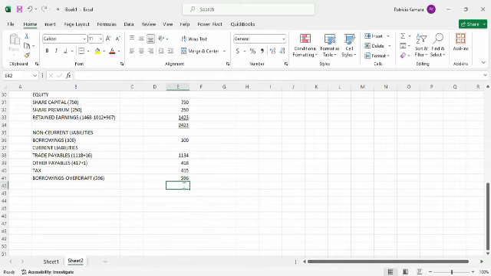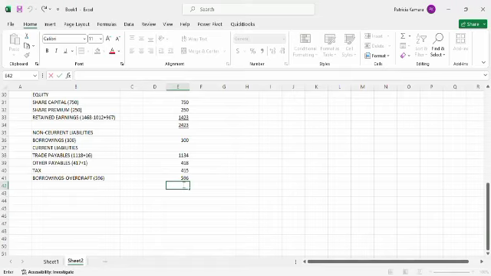So now we are going to add our figures. Let's add our total liabilities properly: 300 plus 1134 plus 418 plus 415 plus 596.